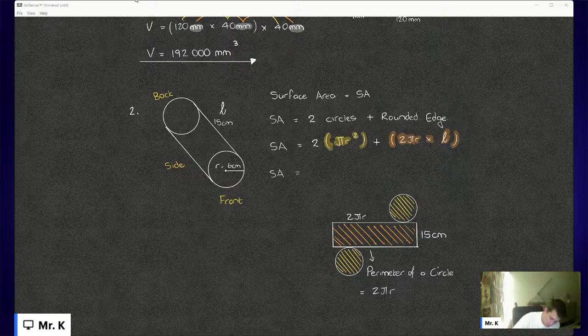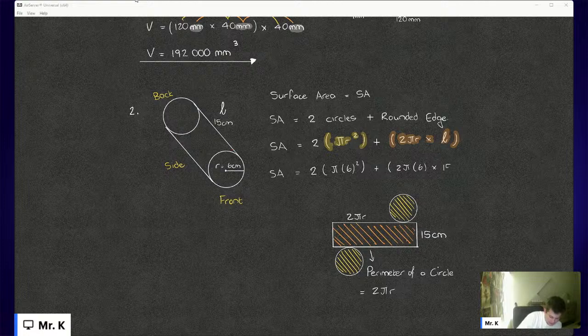So with that being said, we need to substitute pi r squared. What is the radius of my circle? We can see that it is 6 in this case. So we're going to go ahead and substitute 6 into r's place. And in L's place, the length of my cylinder is 15 centimeters.